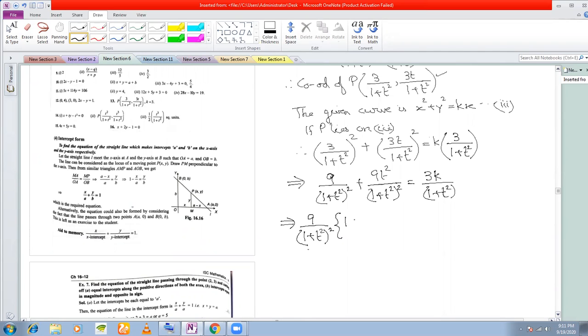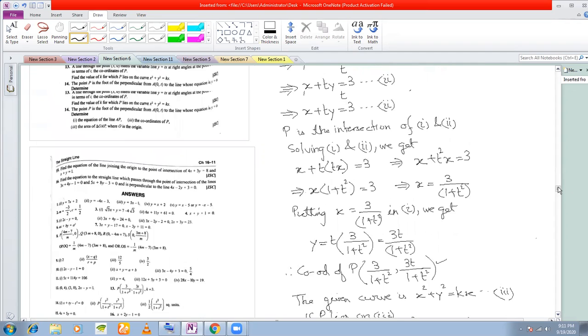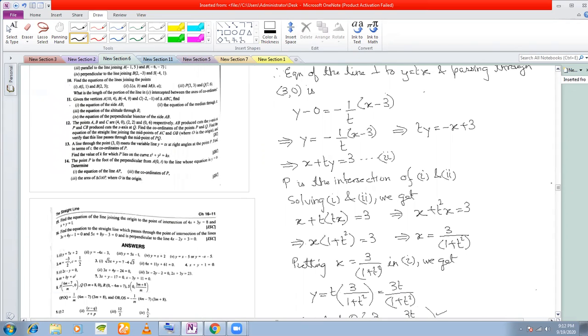You're left with simply 1 plus t square is equal to 3k by 1 plus t square. So what happens here? 1 plus t square cancels from this and 1 plus t square cancels from this. Okay, so you simply get 3k is equal to 9. That means the value of k you get as 3. Okay, so this was the second part of the question. Let us now do number 14.